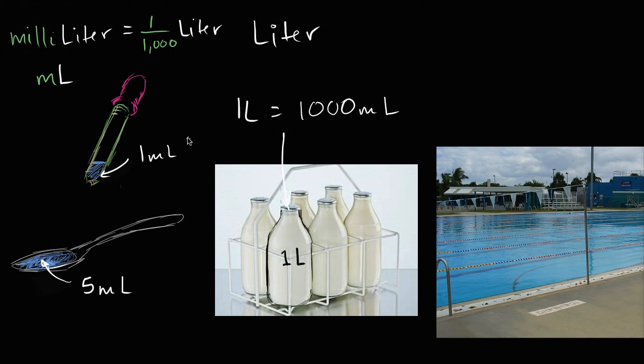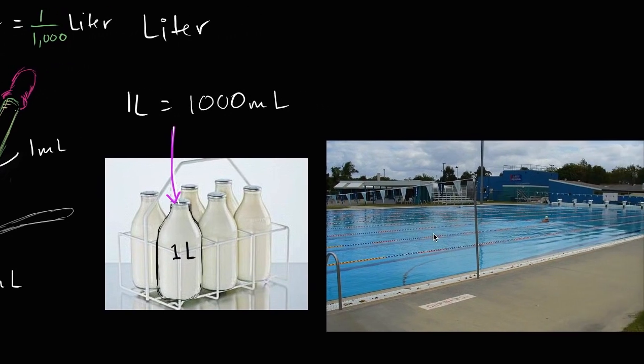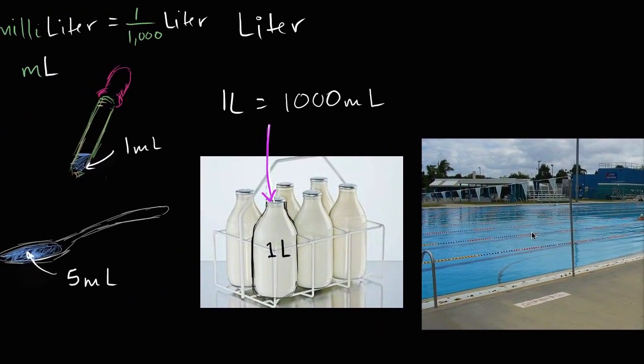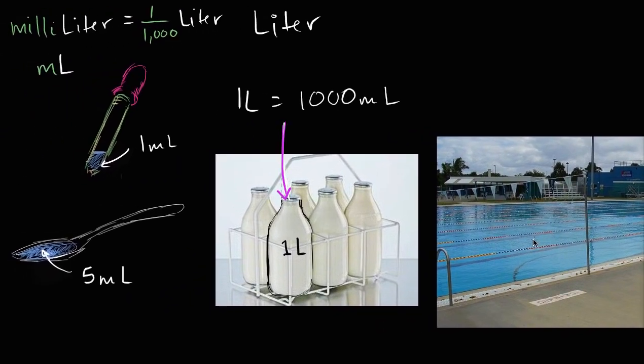Now, what if we go to things that are much larger than the scale of a jar of milk? Say a swimming pool. This right over here is a picture of an Olympic-sized swimming pool, which is, for the most part, the largest pools. Well, there are some larger pools at some fancy hotels, but they're very large pools. So if one milk bottle like this has a fluid volume of 1 liter, what do you think about a whole swimming pool?